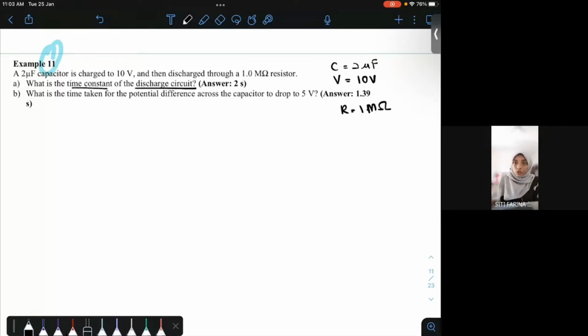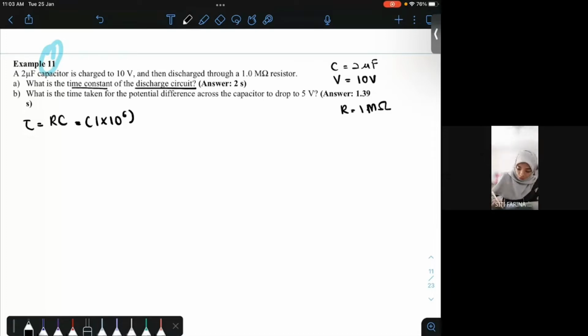Okay, time constant dekat sini adalah tau, and your tau here is equals to RC, resistance multiply with the capacitance. So 1 times 10 to the power 6 resistance mega ohm.